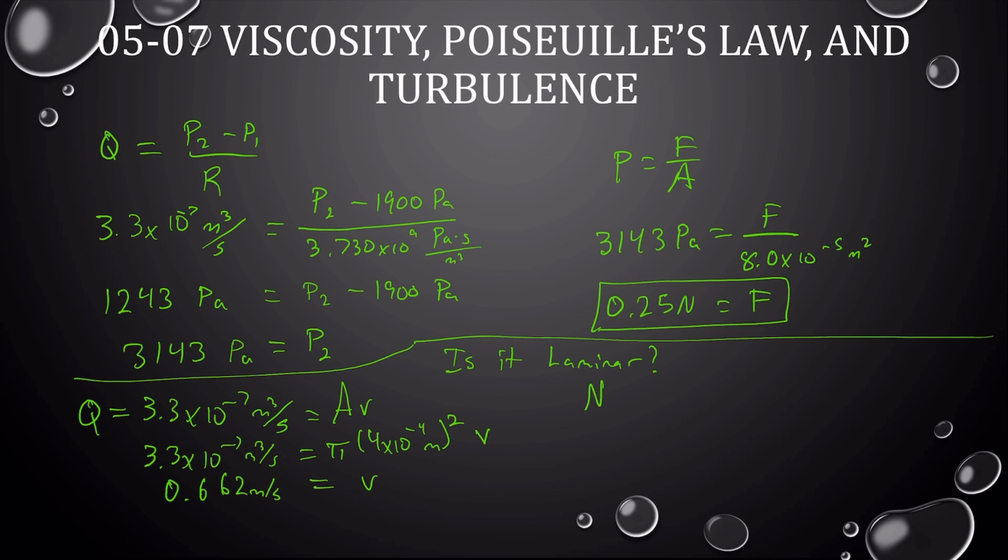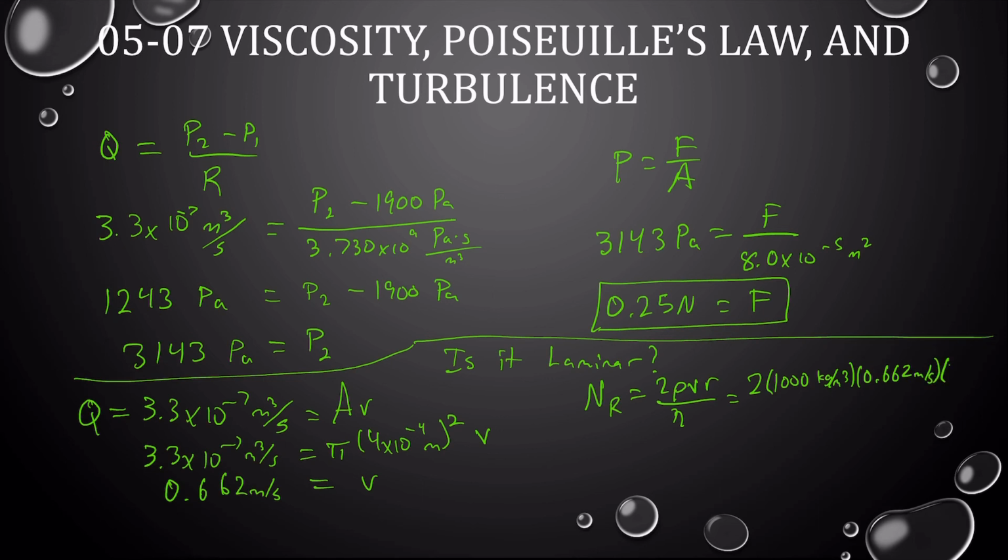So then our Reynolds number is 2 times the density times the speed times the radius divided by the viscosity. Let's assume our solution is essentially water. The speed we just found to be 0.662.